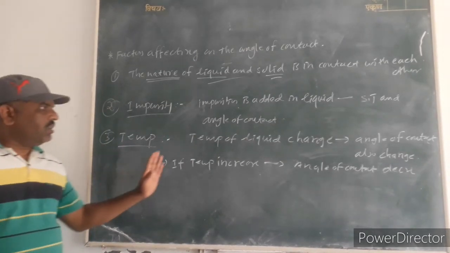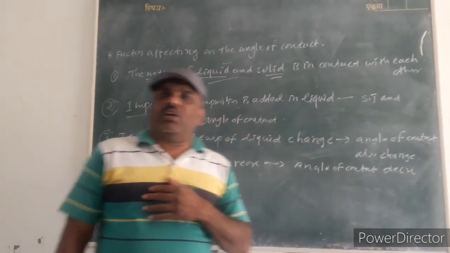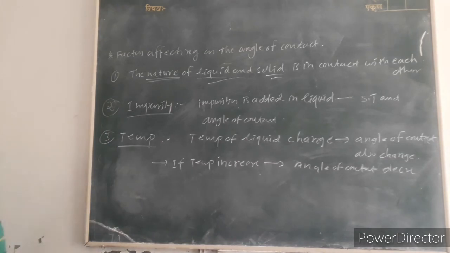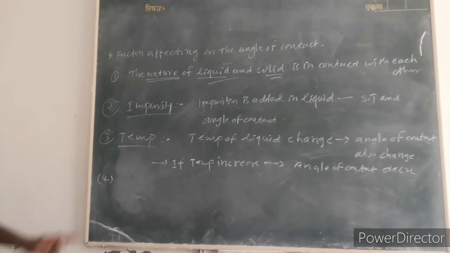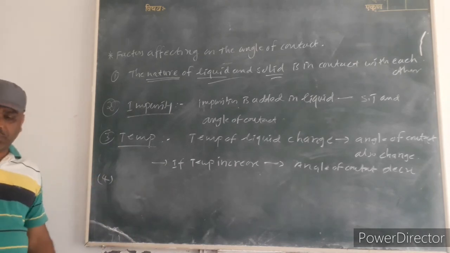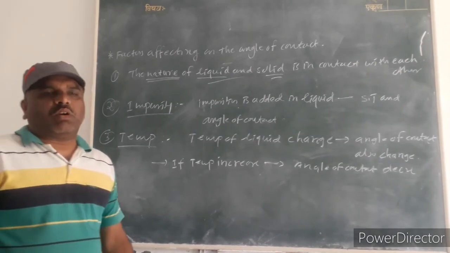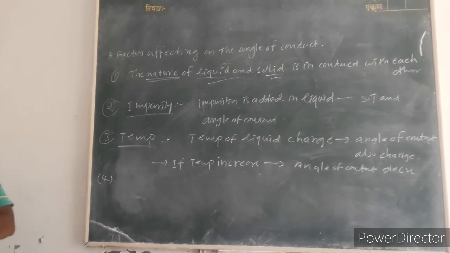Or number 4, for a particular solid-liquid interface, the angle of contact remains constant. These are the four factors affecting the angle of contact.